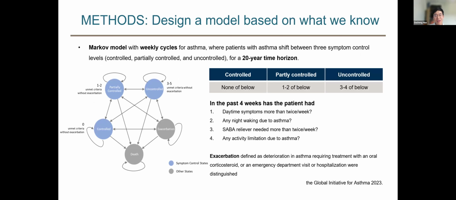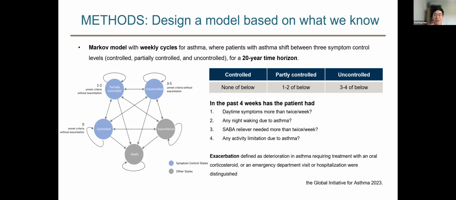Because asthma is a chronic condition, we need to assess very long-term health outcomes and associated costs. So here we build a model to extrapolate the results over a 20-year period.